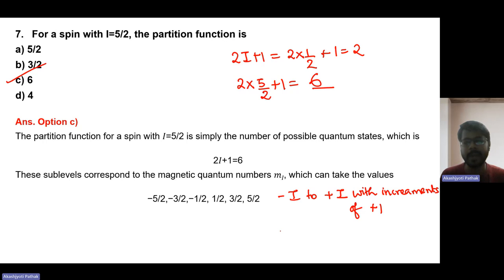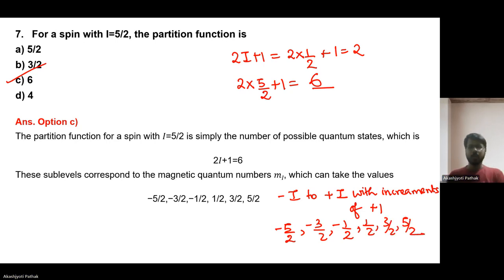So it will be minus 5 by 2, then adding plus 1, minus 3 by 2, again adding plus 1, minus half, then plus half, 3 by 2, and 5 by 2. So the partition function will be 6 in this case.